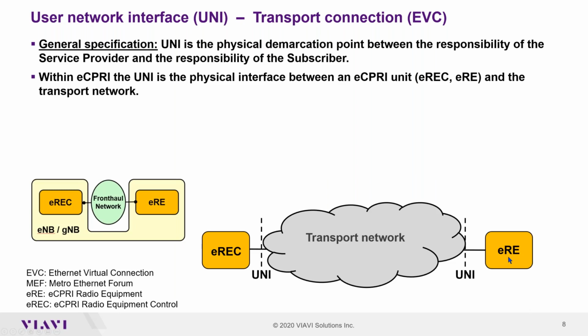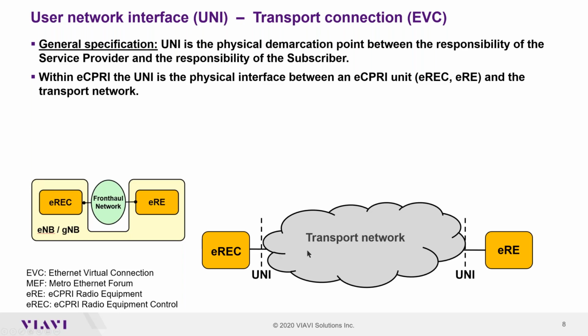This is the radio unit connected physically with an Ethernet interface to the transport network, which is the fronthaul. And you see on the left side, actually, radio equipment controller and radio equipment is one unit. It's the eNodeB, but in two separate boxes with a fronthaul network in between. And the fronthaul network is this packet-based transport network.